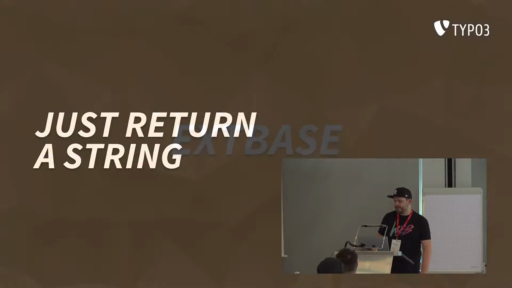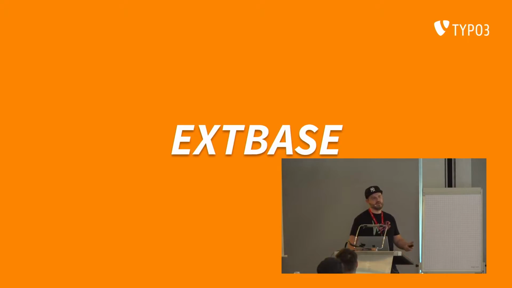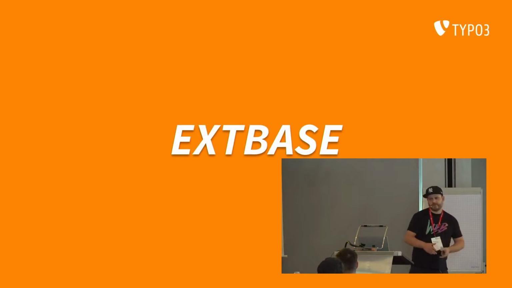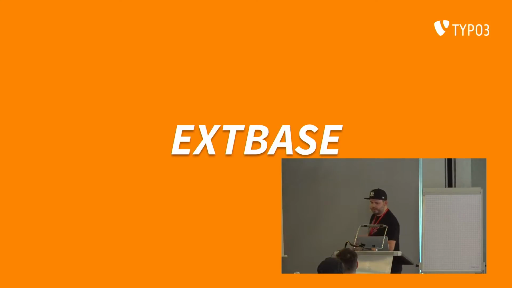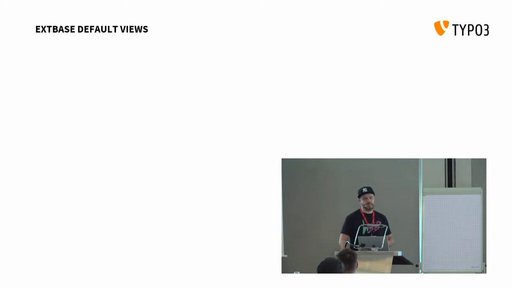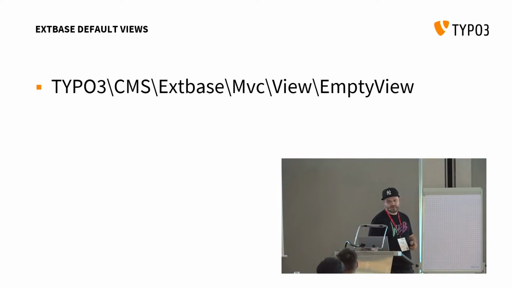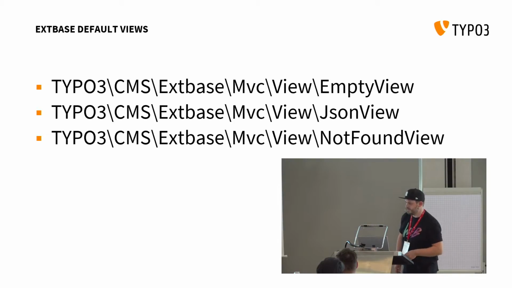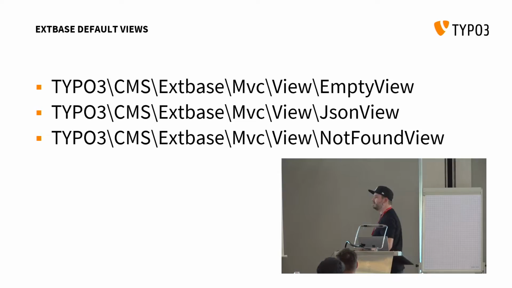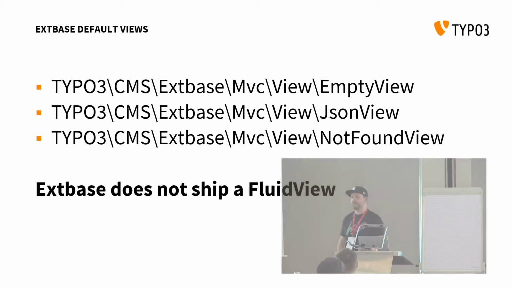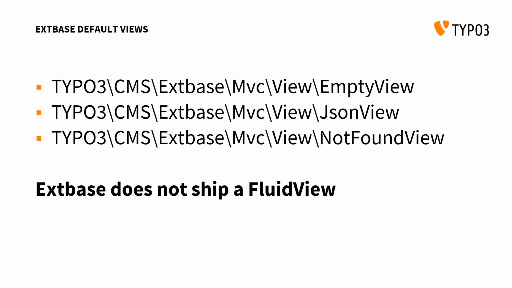For Extbase, we have something similar, but most people are not aware of it, since they think Extbase and Fluid are tightly connected. The interesting fact is that the default views of Extbase consist of an empty view, a JSON view, and a not found view. There is no Fluid view. Extbase does not ship one because it's completely decoupled and does not need a Fluid view.